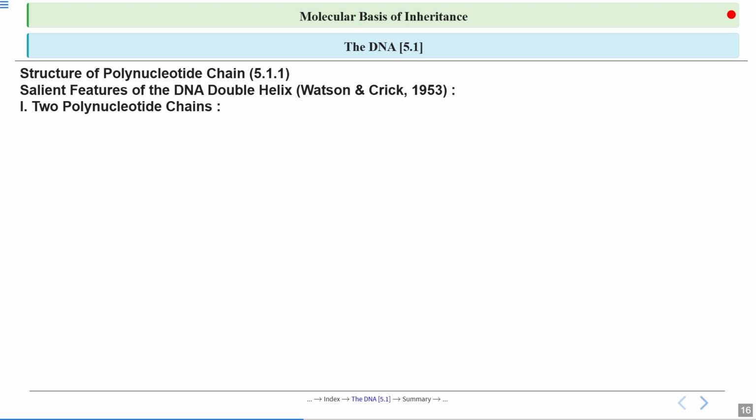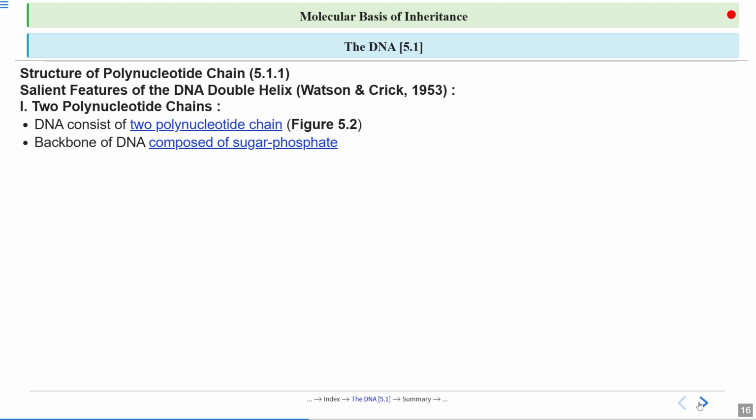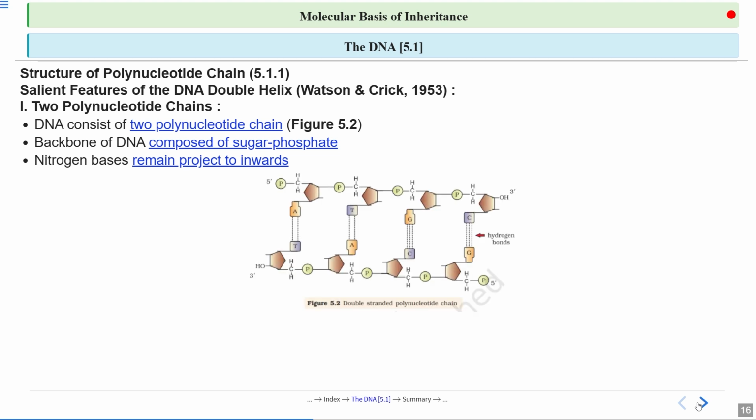So till now we know what a polynucleotide chain is. The salient feature of the DNA double helix is that it is made up of 2 polynucleotide chains. The backbone of the DNA is composed of what? Sugar and phosphate, whereas the nitrogen bases always project inwards.